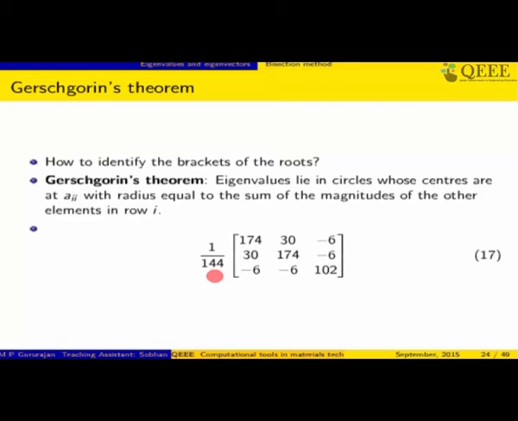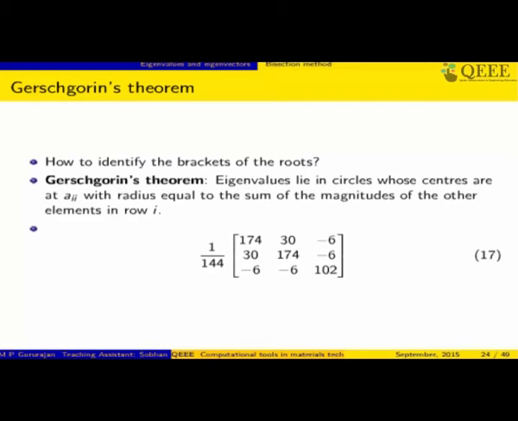What do you see? In the chat window you can write the centers of the circles and their radii. Where is the center of the first circle and what is its radius?